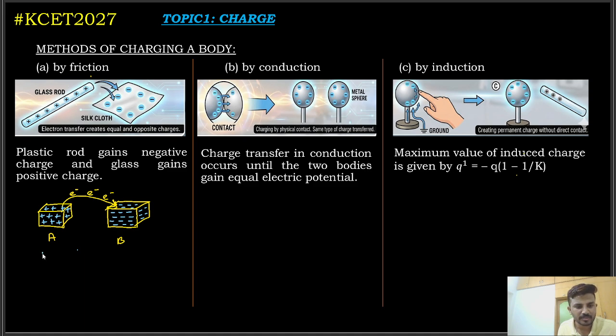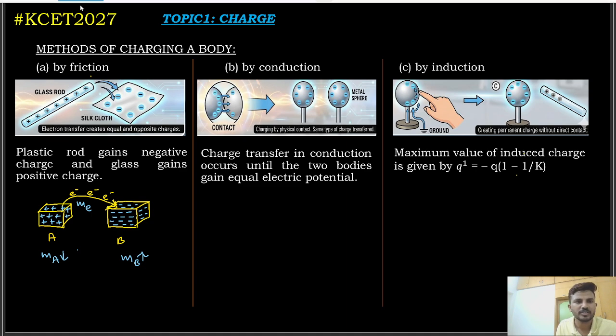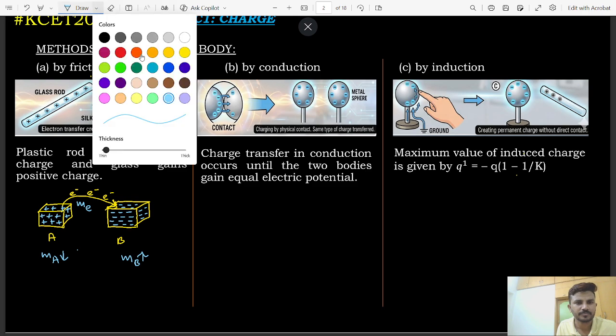Because of that, the mass of A slightly decreases and the mass of B slightly increases, because an electron not only carries charge, it also carries mass. So if n number of electrons move from one body to another, they carry n times me mass to that body.